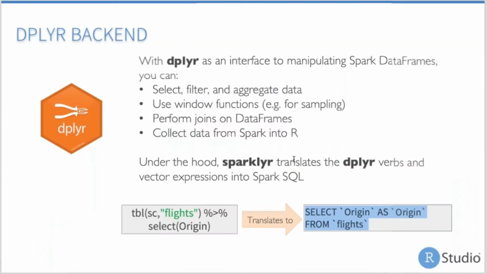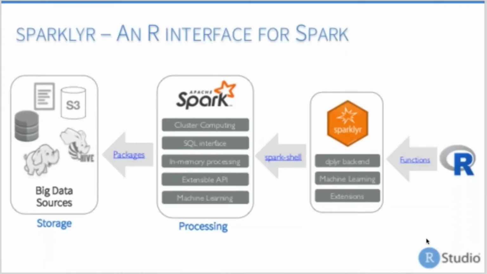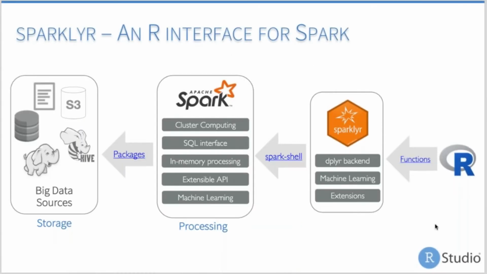So we can send the same select command, and flights could be 10 different types of data sources, and it will always work, right? So it's abstracting that complexity for us, which I think is really awesome because it allows us to interact with a bunch of different data sources and keep a consistent interface.